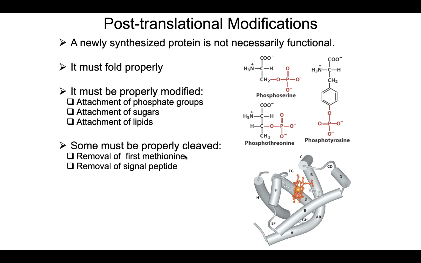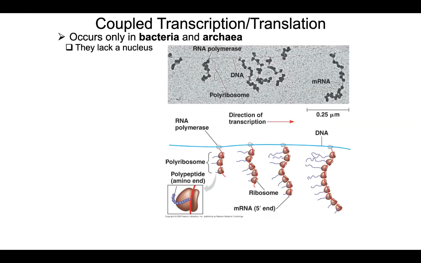For example, remember, every single protein that is made starts with a methionine, but that doesn't necessarily mean that every protein requires that methionine. So in some proteins, it's cleaved off. Some proteins like insulin must be cleaved in order to properly fold. So lots of post-translational modifications must occur to some proteins in order for them to properly fold and function.